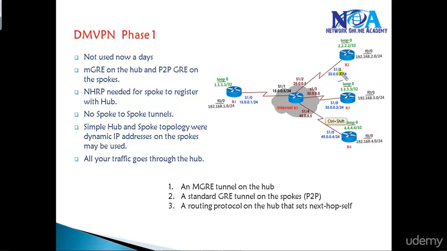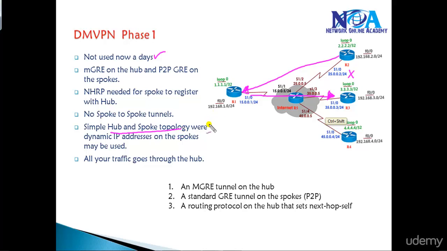So if router 2 wants to communicate with router 3, the traffic has to go to router 1, and from router 1 it will be sent back to router 3. All the traffic has to go via the hub, that is router 1, and it is something we don't use in today's networks, and the main reason is there are no spoke-to-spoke tunnels created here.